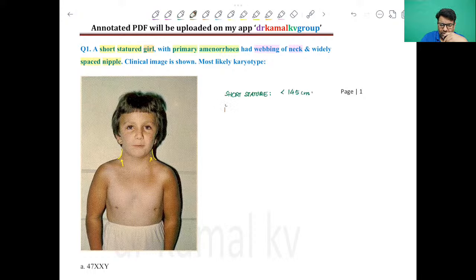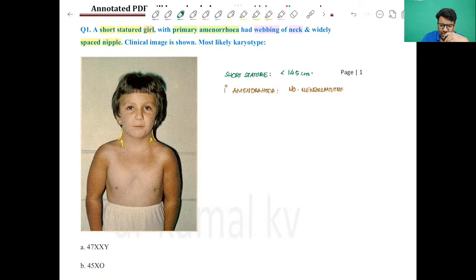Then primary amenorrhea means she hasn't menstruated yet. Clear? So no menstruation till now. Webbing of neck has been shown on the image, and there is widely placed dysplastic nipple, right? So widely placed dysplastic nipple.